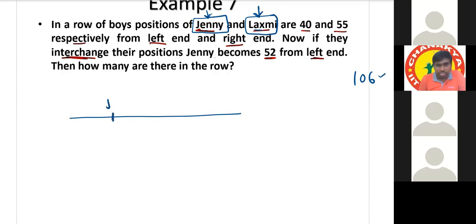Okay, this is Jenny, 40 from left end, and this is Lakshmi, 55 from right end. Now if they interchange their positions, the new person here is Jenny, and the new person here is Lakshmi.